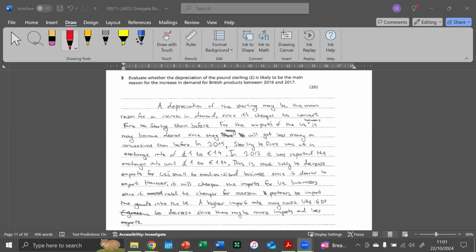And I would say, well, actually, it could be very significant for British products that are non-branded, that are perhaps not focused around quality, that are much more homogenous, that are sold in very competitive world markets. I think it would be the main reason, whereas perhaps it's not the main reason for strongly branded products.